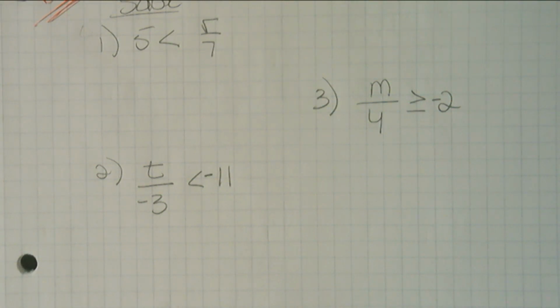So that's 5 is less than R over 7. Check with someone sitting by you, see if you guys got the same answer.